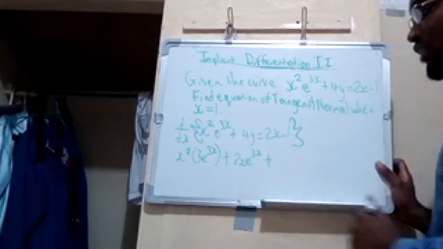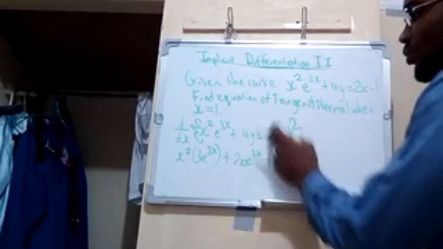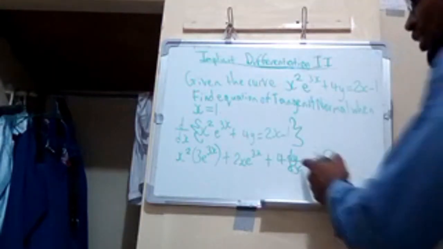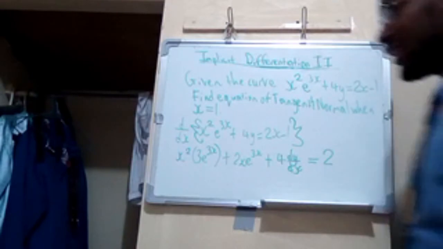Plus, when I differentiate 4y, I get 4 dy by dx, and that's equal to, when I differentiate 2x, I just get 2. So now I just need dy by dx on one side.